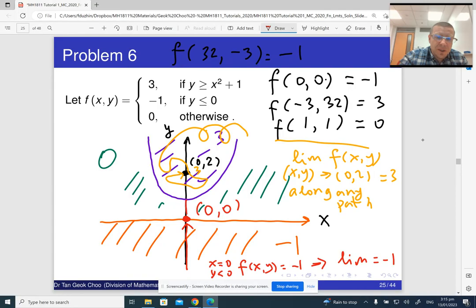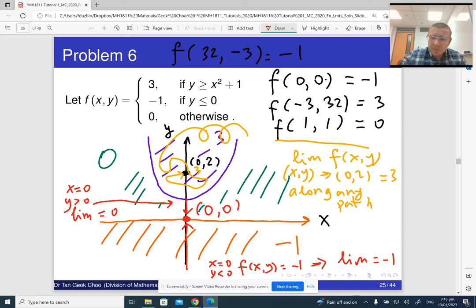Compare it to taking the path from above. If you take a path from above, you approach this point along the path x equals 0 and y is positive. Then the value of the function along this path remains constant, and that constant is now 0. All right, so here the limit is 0.